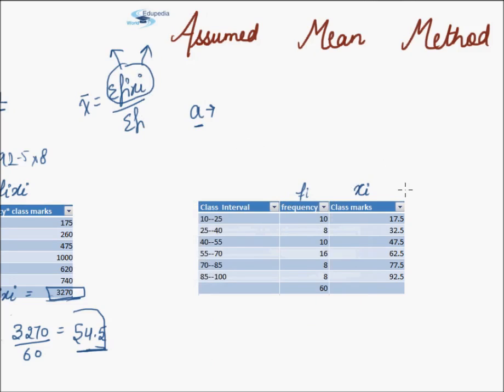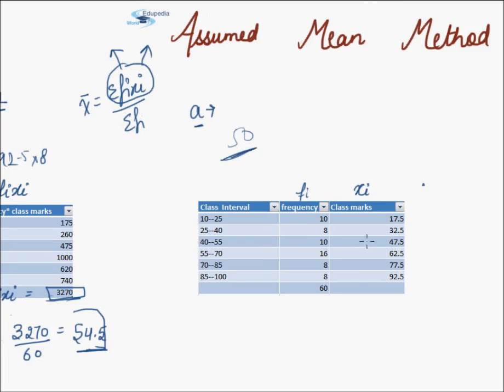Friends, if we assume, say, a value, say 50 as the mean of the given data, and then since we need to improve these class marks, reduce the calculations, we will form a different column and work upon the deviations of these class marks from this fixed value.